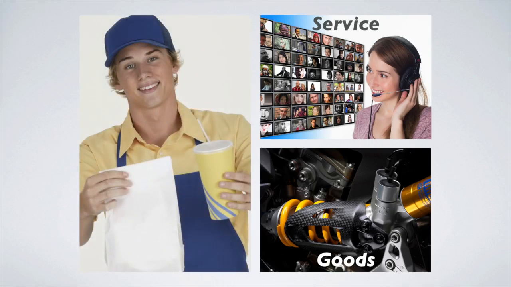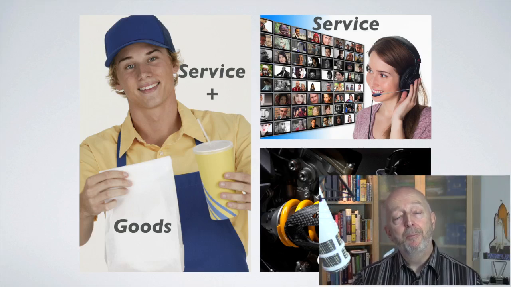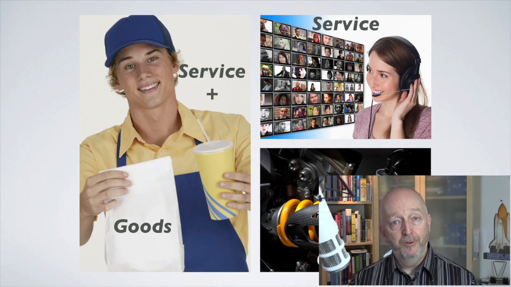So now you understand the service and goods, and that brings us to the fact that a product can be both service and goods. For example, if you go into any restaurant and you're going to have lunch, then you have both service, where you can order food and they deliver the food to you, but also the food itself.